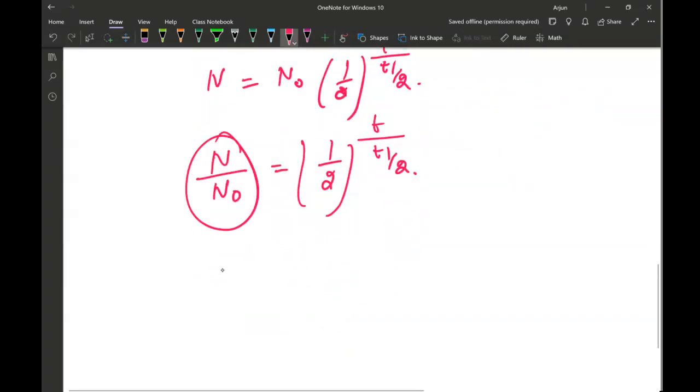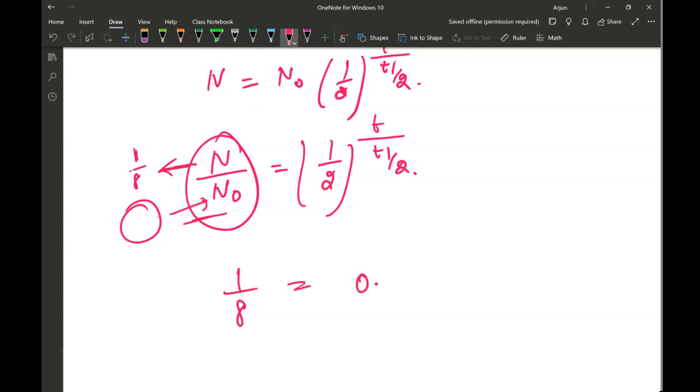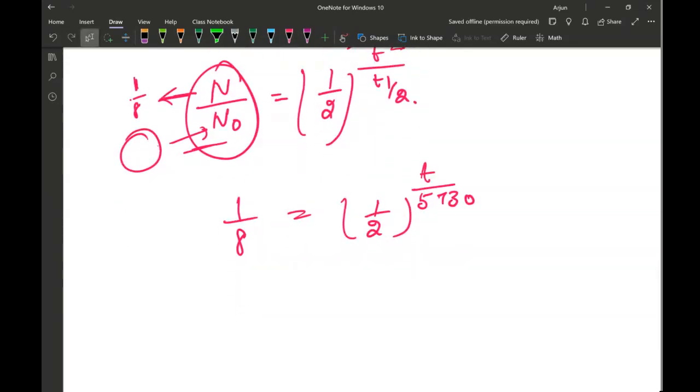N upon N0 means 1/8 of the substance is left over, and N0 is the total substance. Okay, and N is the leftover substance. So 1/8 of the total substance is equal to 0.5 raised to the power t, or I'll keep it as 1 over 2 here. So 1 over 2 to the power t divided by 5730. Now, if I see in this question, we are lucky that this number and this number have something common between them.